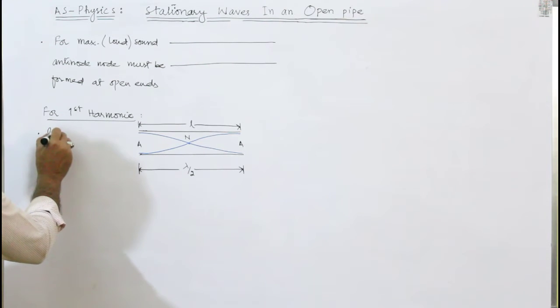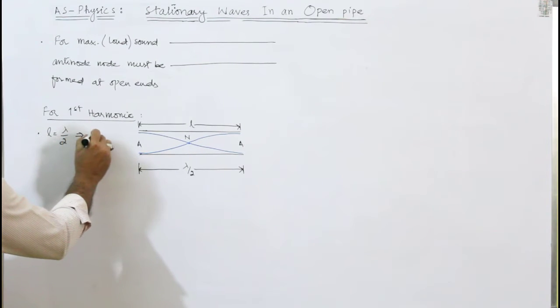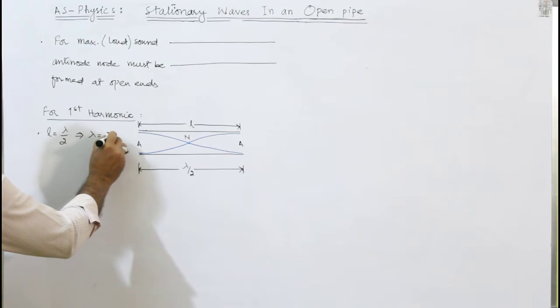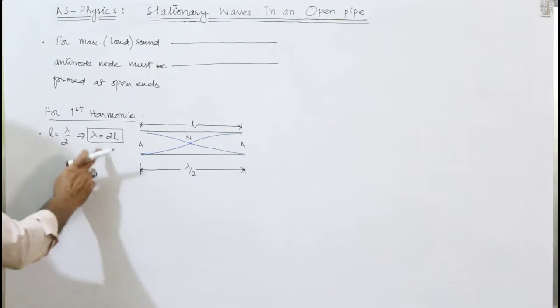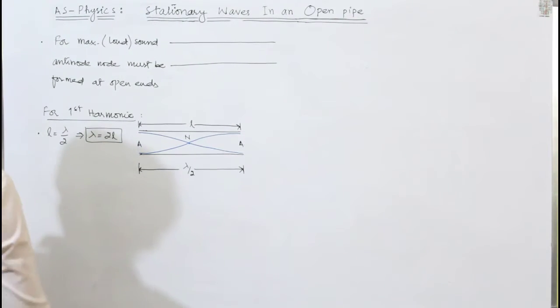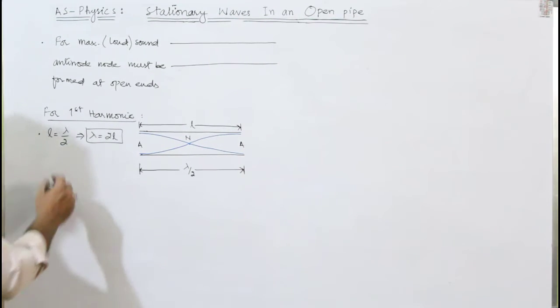So we can write L equals lambda over 2, and lambda in terms of the length of the tube will be 2L. It is the maximum wavelength generated in this condition when we hear the first sound.